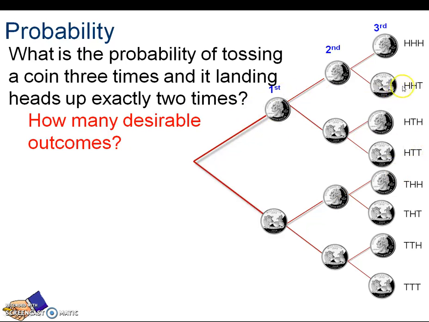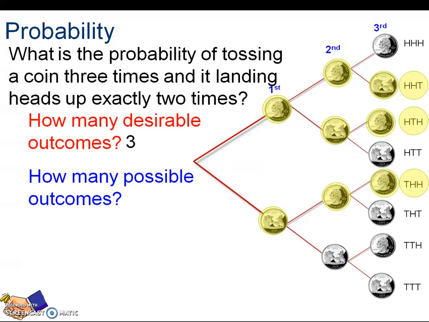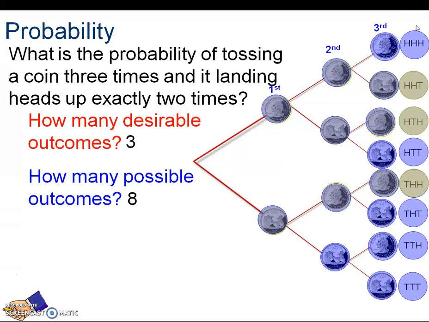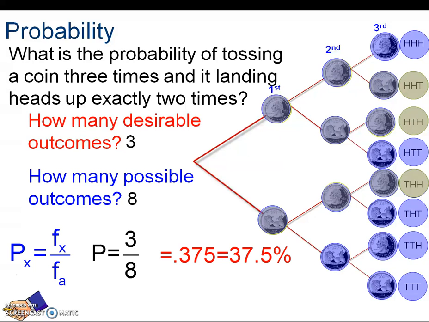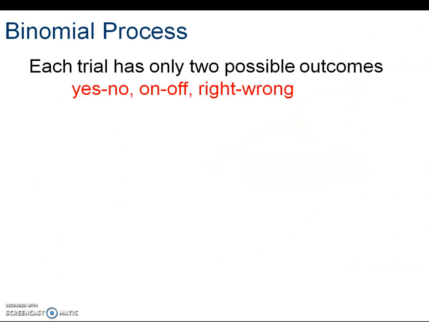Well, having exactly 2 heads is heads, heads, tails; heads, tails, heads; tails, heads, heads; and that's it. So we have our 3 different possibilities. How many total possibilities? We look at how many total number of throws we had, which is 8. So that's 3/8 or 0.375 or 37.5% chance.